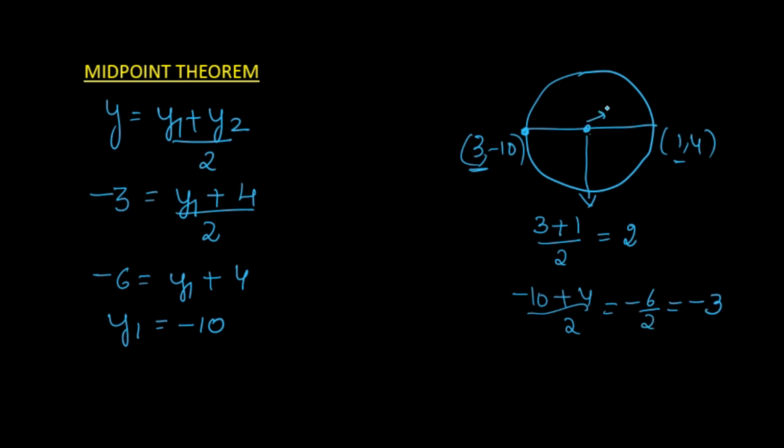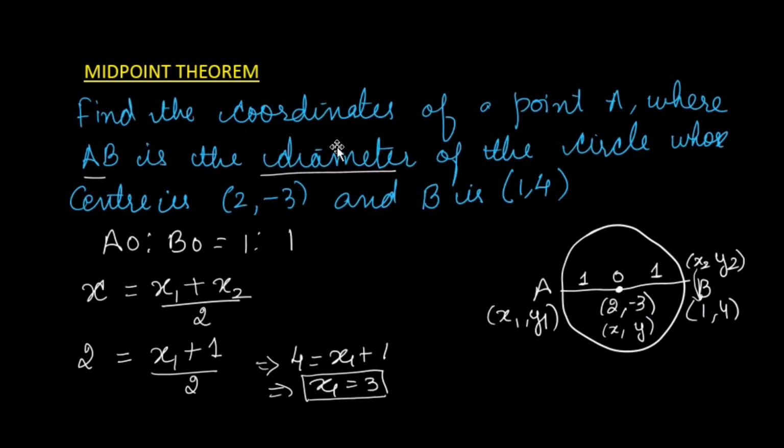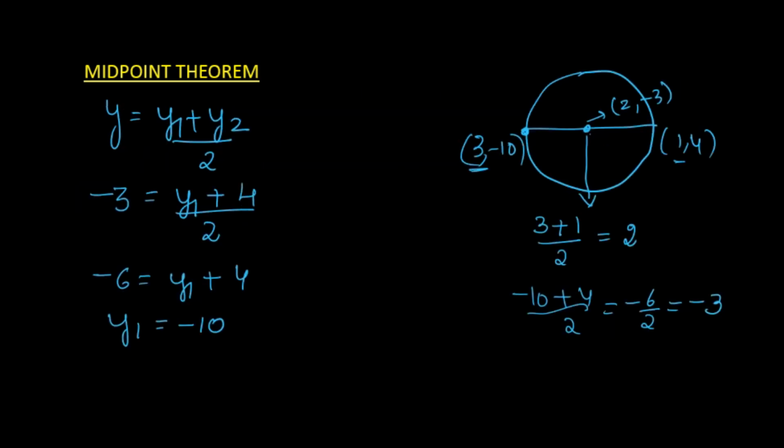So we have got the coordinates of the center again as 2 and -3, which is the same as given in our question. So we have verified that the coordinates of A we figured out, 3 and -10, are the correct ones. I hope the midpoint formula is clear to everyone.